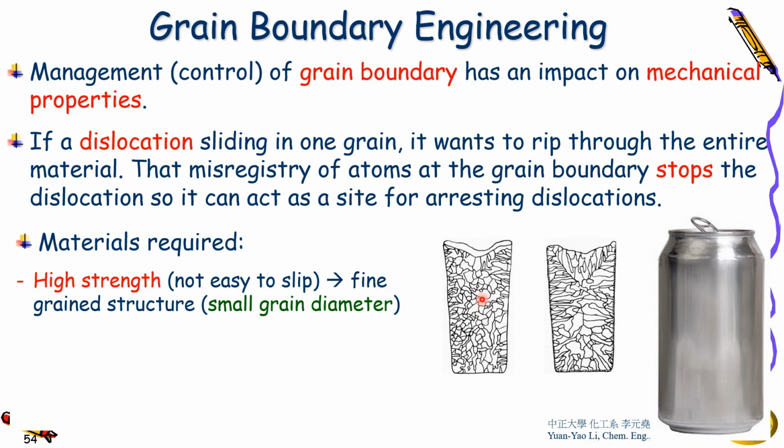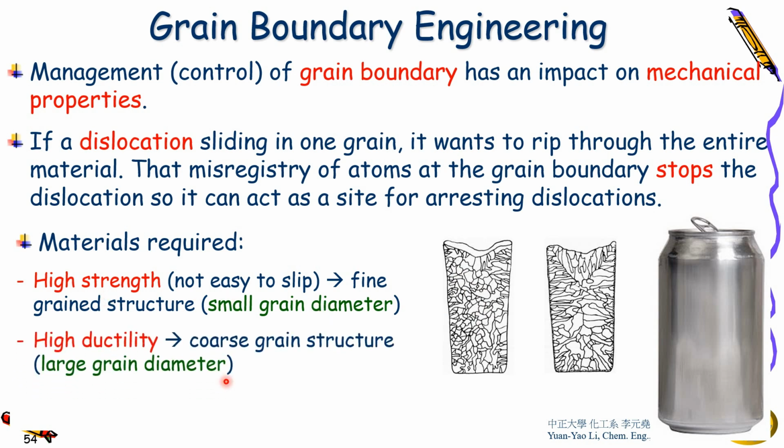So if you want to make this palette become different shapes, it's difficult because you have many spaces to fill. On the other hand, this is called high strength, because you give a force to this material. This material will absorb the energy by what? By the grain boundaries. So you will have high strength.